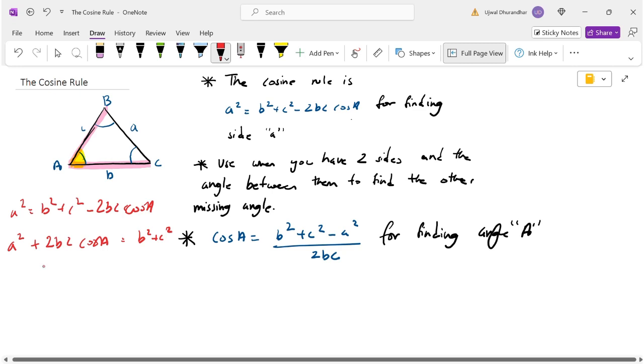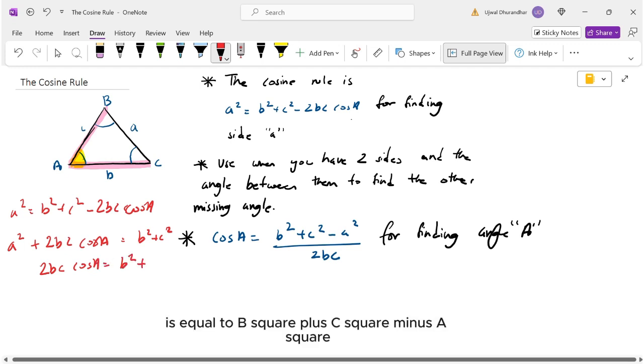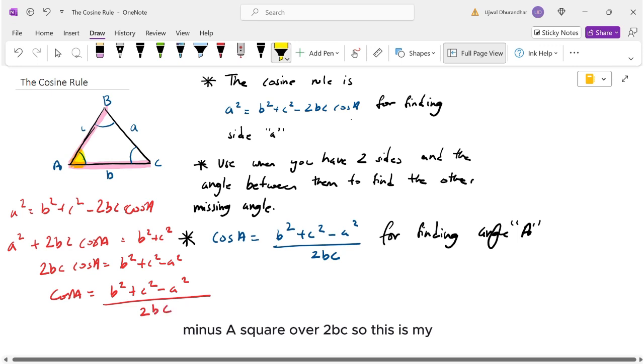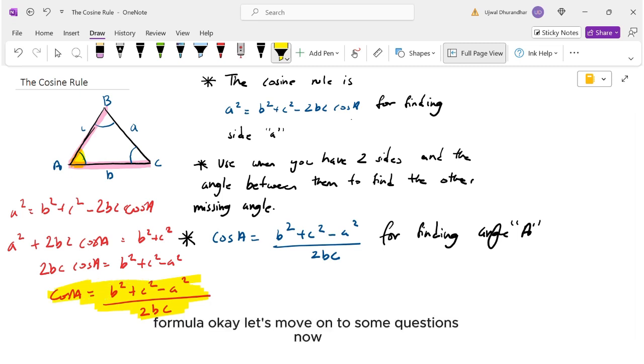Okay? Then we will take a square to the other side. So 2bc cos A is equal to b square plus c square minus a square, and cos A is equal to b square plus c square minus a square over 2bc. So this is my formula. Okay, let's move on to some questions now.